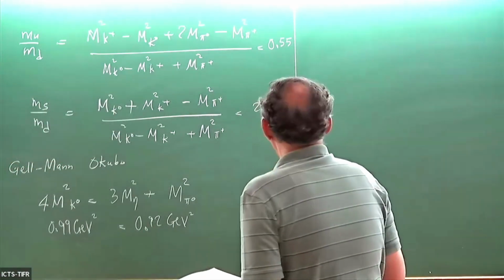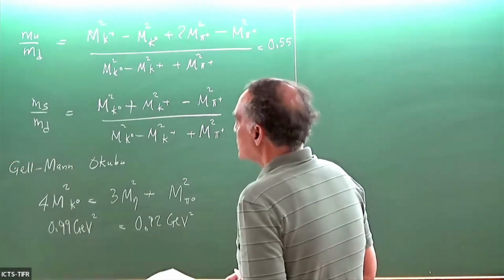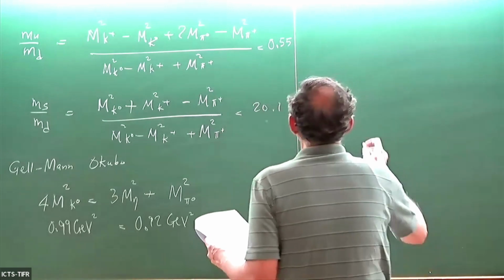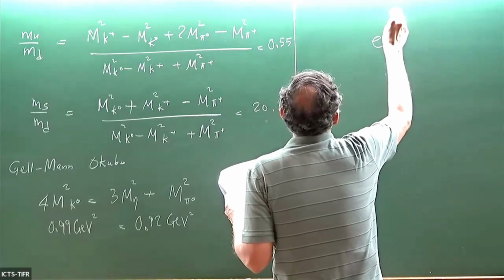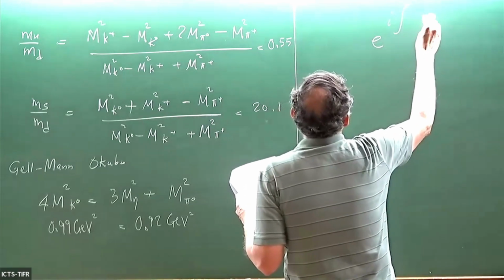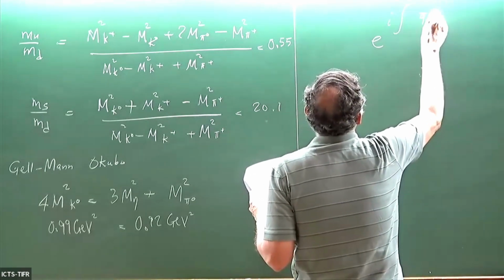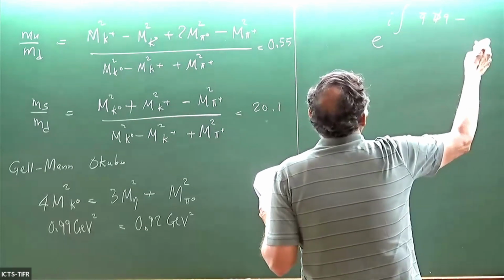Okay, now we can do something interesting in the QCD Lagrangian. When you're doing a path integral, the action here, e to the i action, is the QCD Lagrangian, which is the kinetic term minus the mass terms.